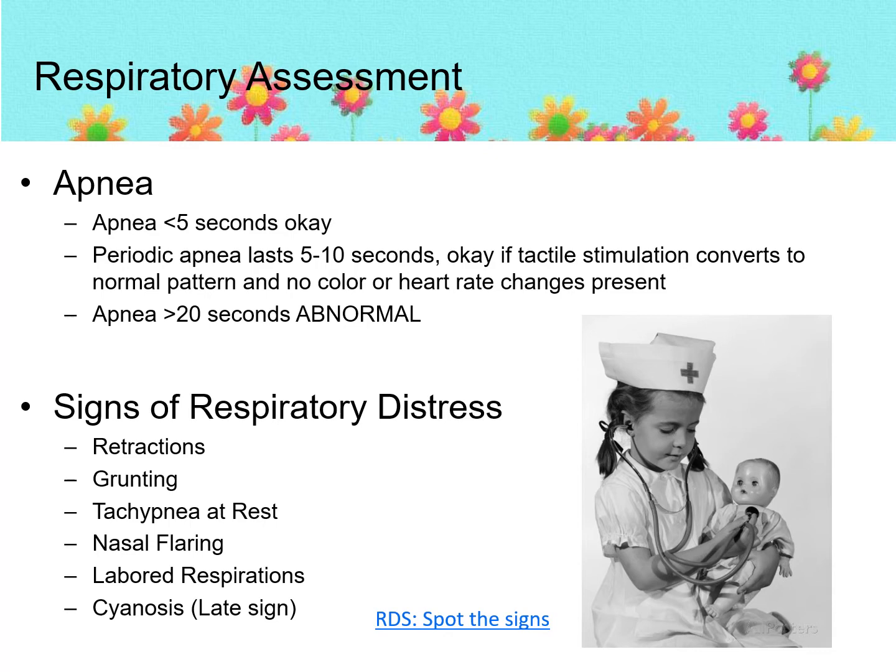Periodic apnea can last 5 to 10 seconds, and it's okay if we stimulate the baby and the respiratory pattern converts back to normal, and there's absolutely no color or heart rate changes. Now, apnea lasting longer than 20 seconds is abnormal.